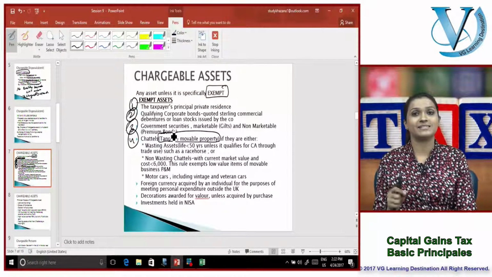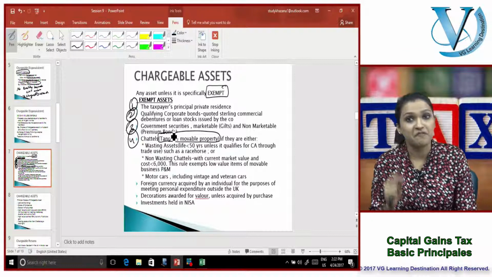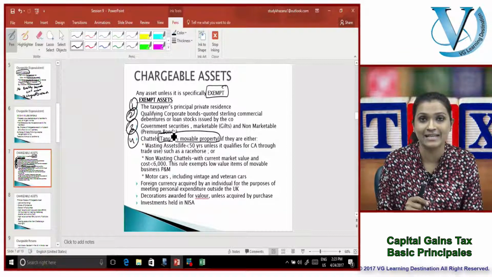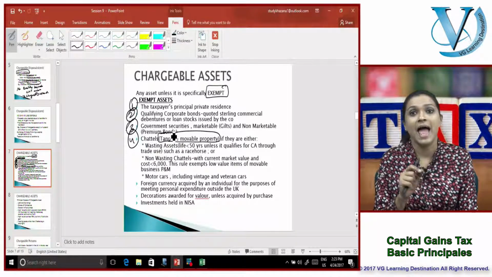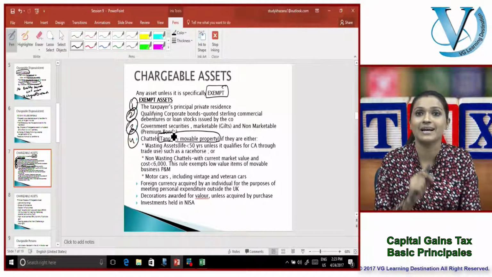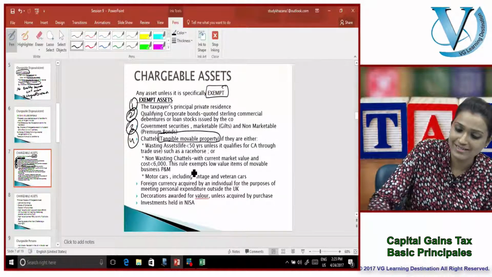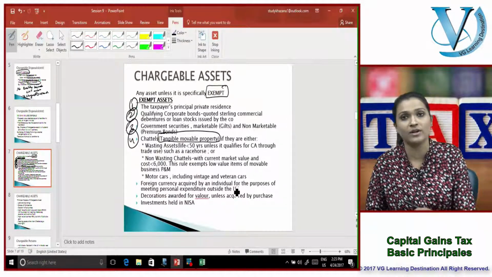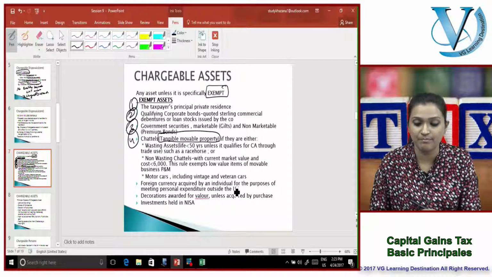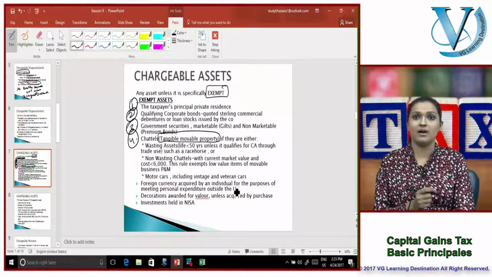Also, if the asset is a non-wasting asset, which means the life of the asset is more than 50 years, but the value of the asset in terms of the sale proceeds and the cost of the asset is less than 6,000 pounds, again it would be an exempt chattel. So any non-wasting chattel with current market value and cost less than 6,000 pounds, this rule exempts low value items of movable plant and machinery.